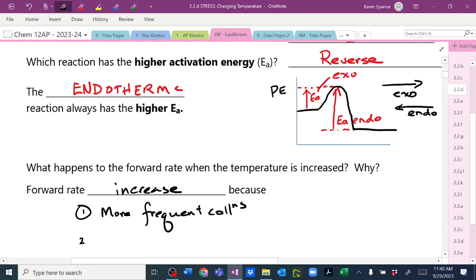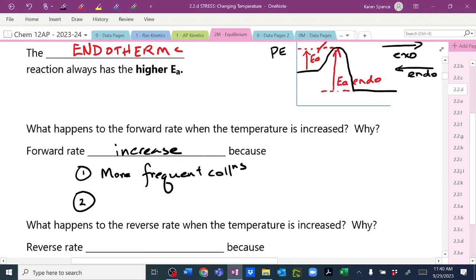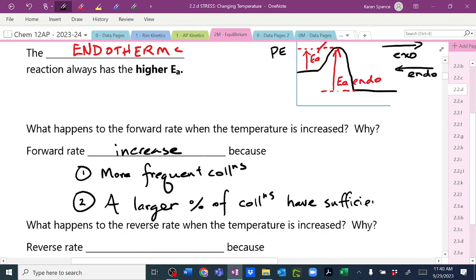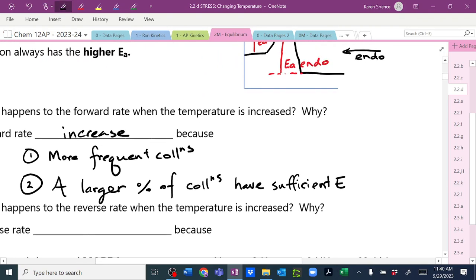And what can we say also about those collisions? A larger percent of collisions have sufficient energy to react.